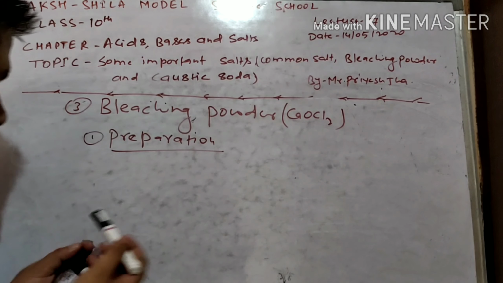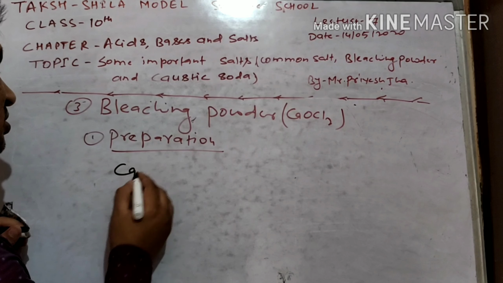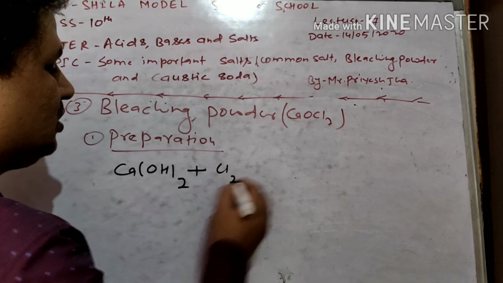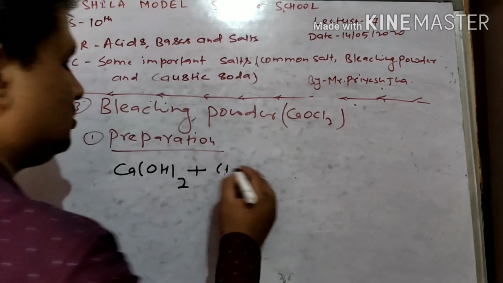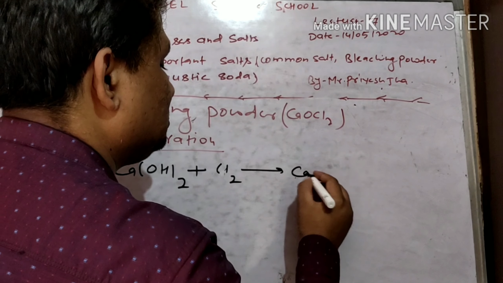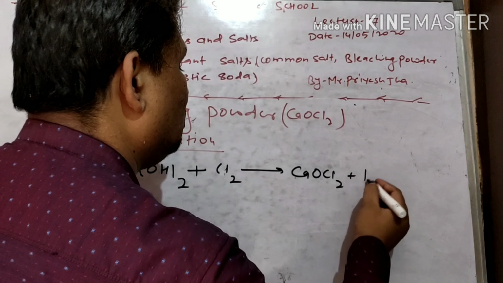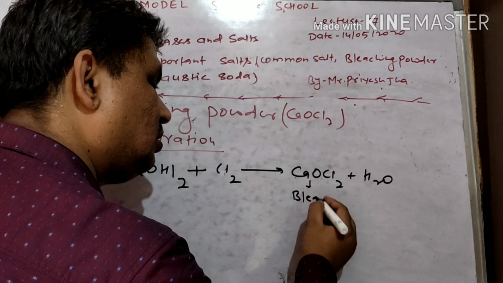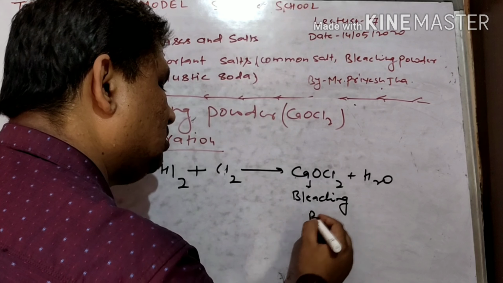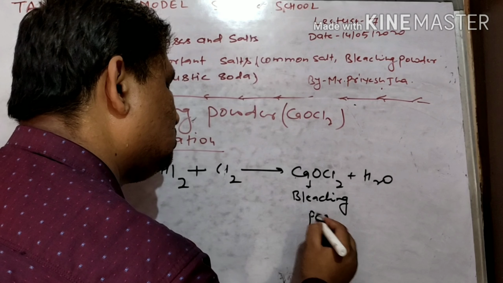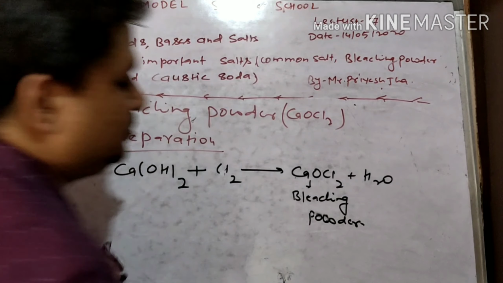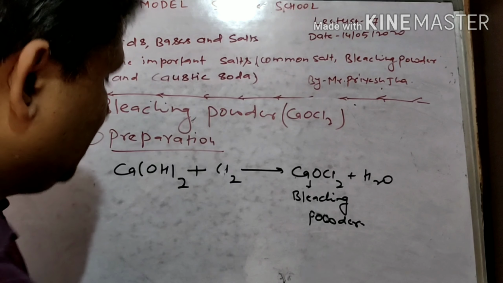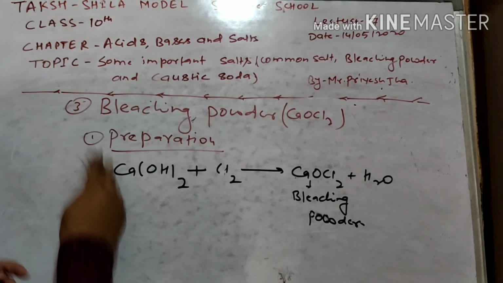So calcium hydroxide, Ca(OH)2, reacts with chlorine gas to give CaOCl2 plus H2O, and this is known as bleaching powder. So this is our preparation of bleaching powder.